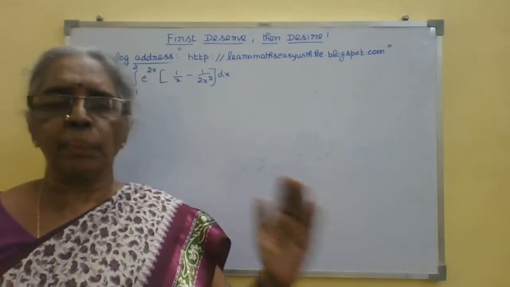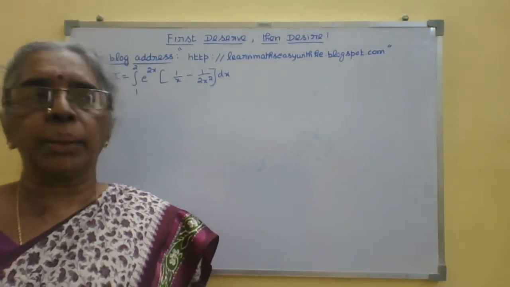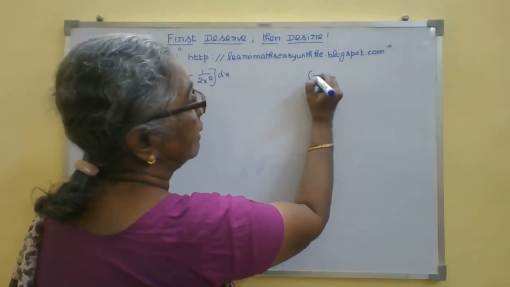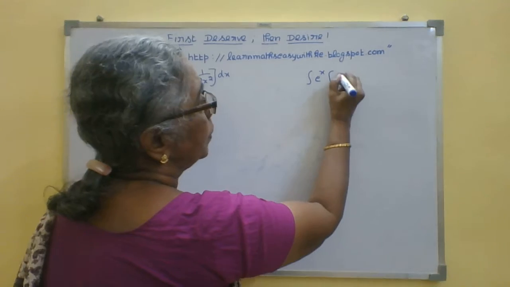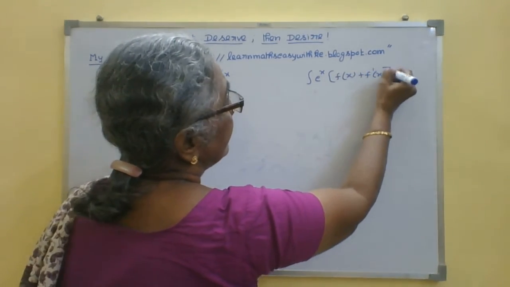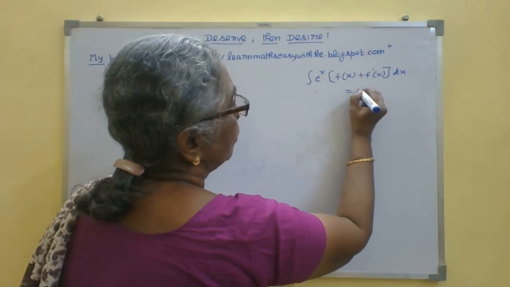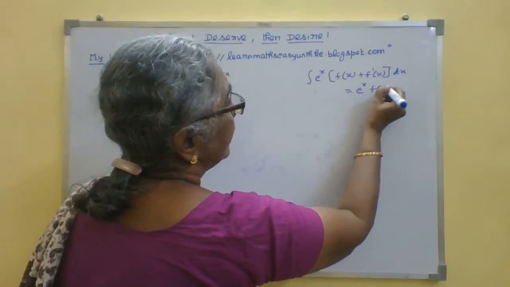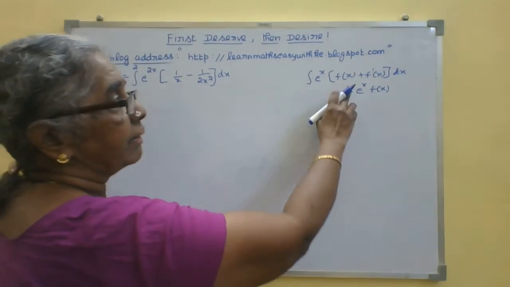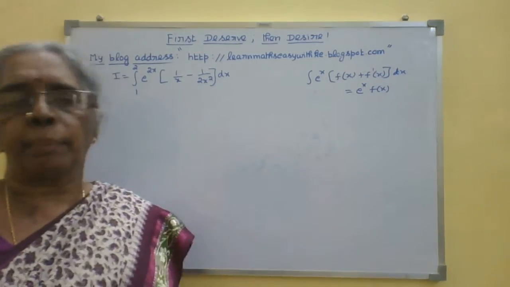Whenever you see some e power x and then within brackets 2 terms, immediately you should remember one formula, that is integral e power x into f of x plus f dash of x dx, that will be equal to e power x f of x plus c, of course, when it's an indefinite integral. So this formula you should remember.